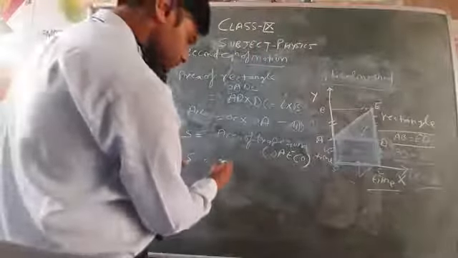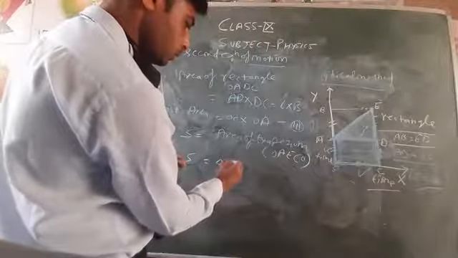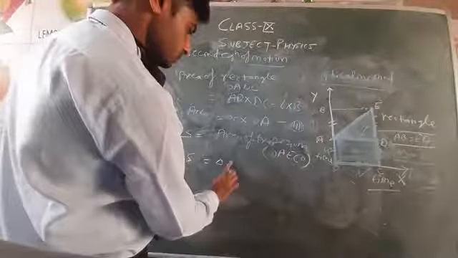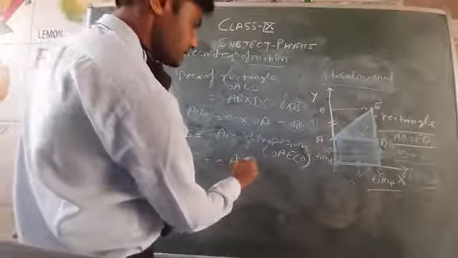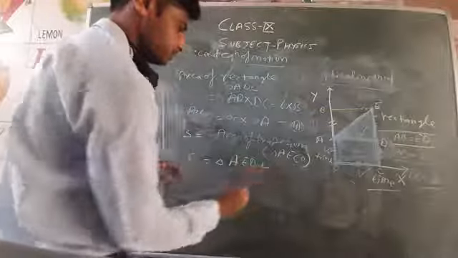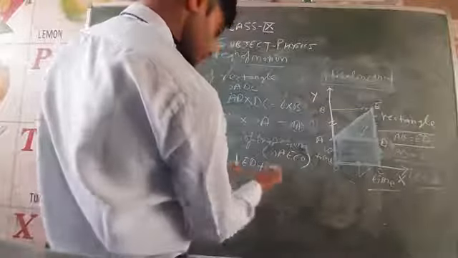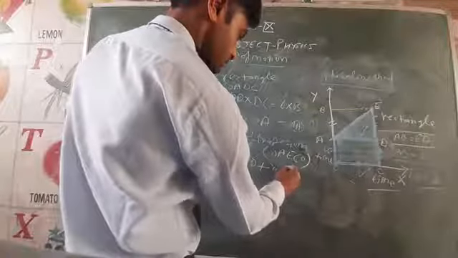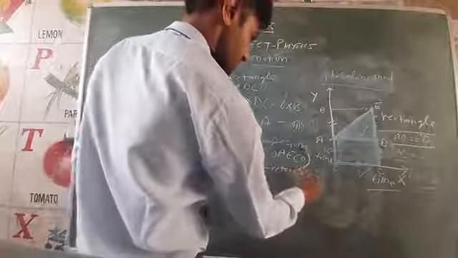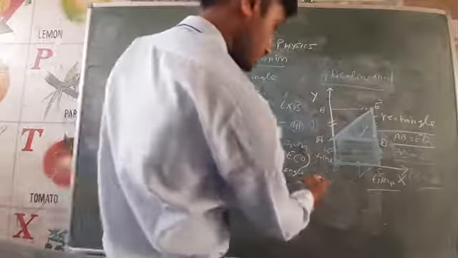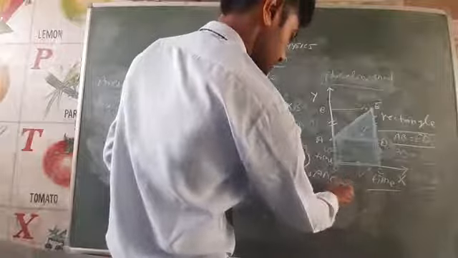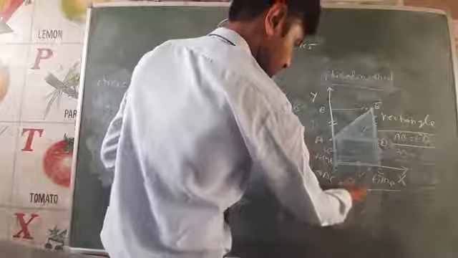It means triangle OAED plus rectangle OADC, and this is equation first.